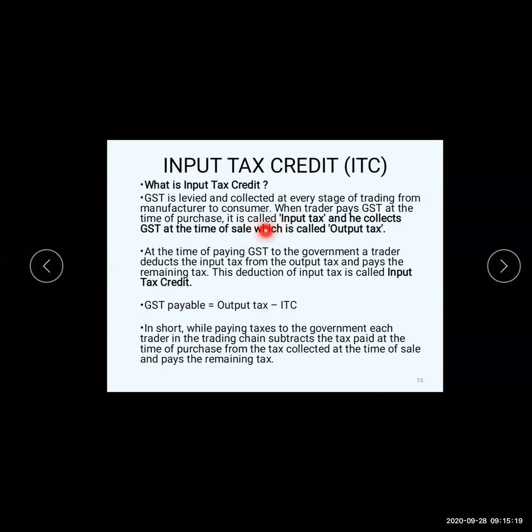When wholesaler is selling to retailer, or retailer is selling to consumer, the GST they collect is known as output tax.